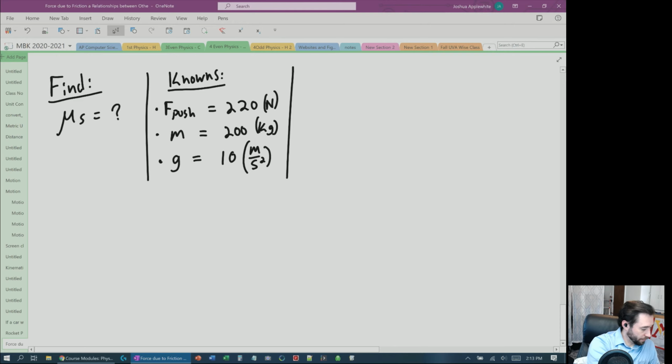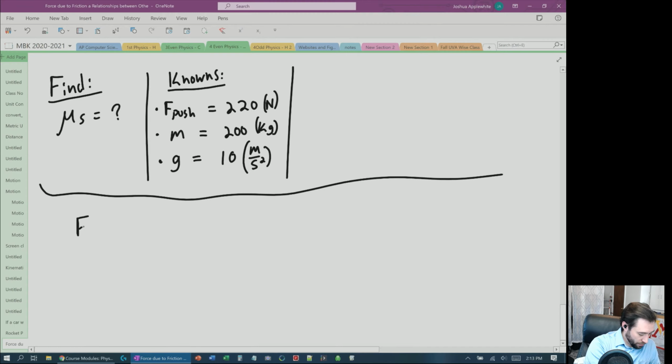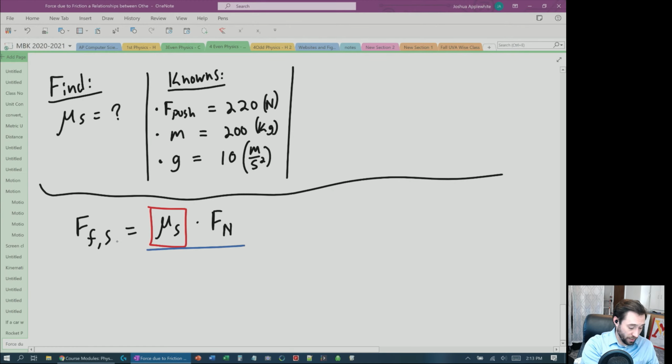So I'm going to write that down down here. The force due to static friction is equal to mu sub s times the normal force. The variable that I want is here, so I'm going to keep that there, and I'm going to move everything that's on the side of the thing that I want over to the other side.